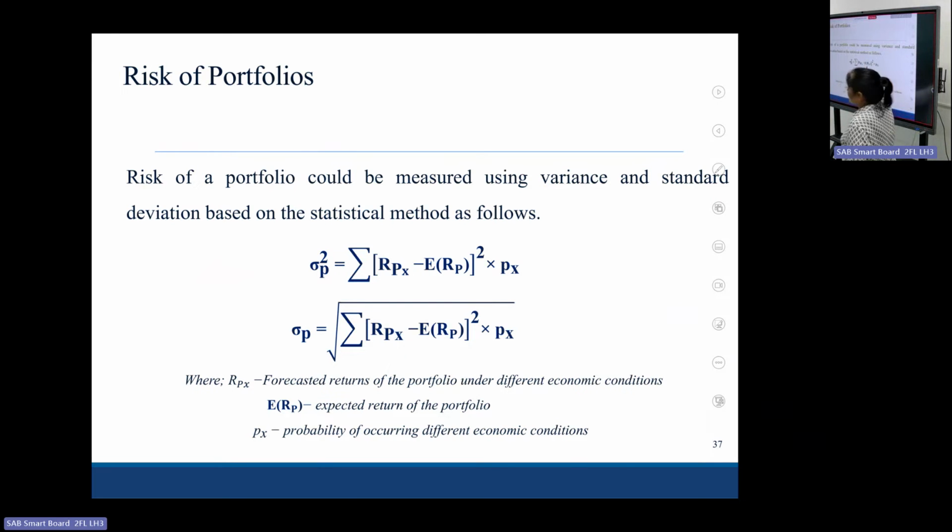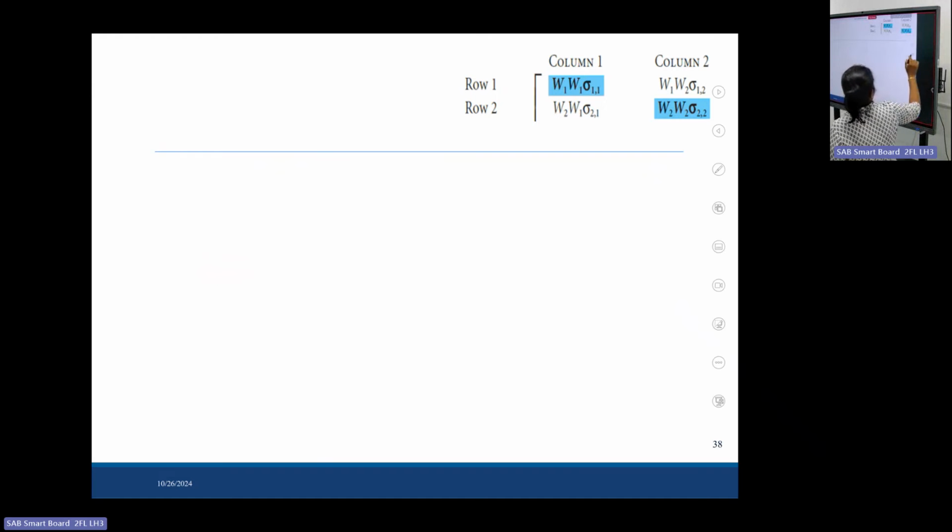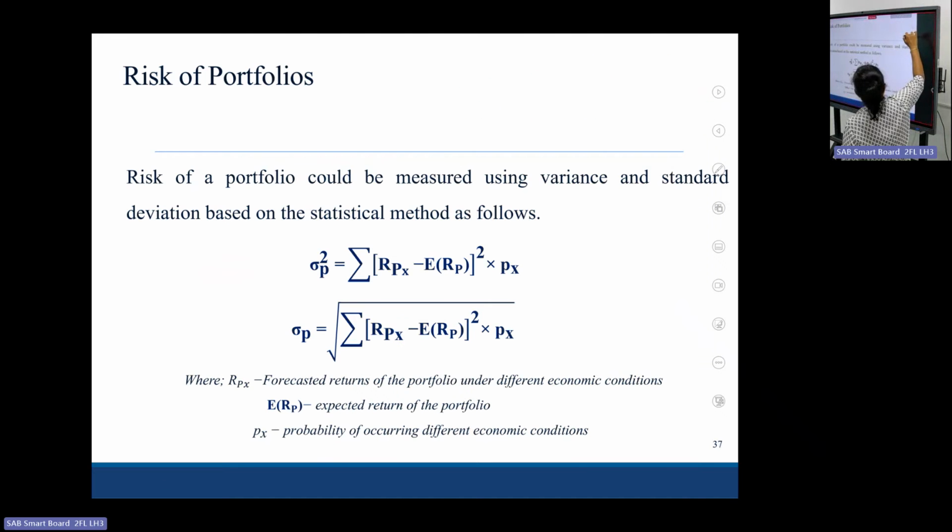It is the deviation from the portfolio expected return, multiplied by the probability of the first state of economy occurring. Likewise, in our example we have to repeat this 4 times for the states of economy. That is the variance of the portfolio, and the square root of that is the standard deviation. So this is the statistical method for calculating portfolio risk.